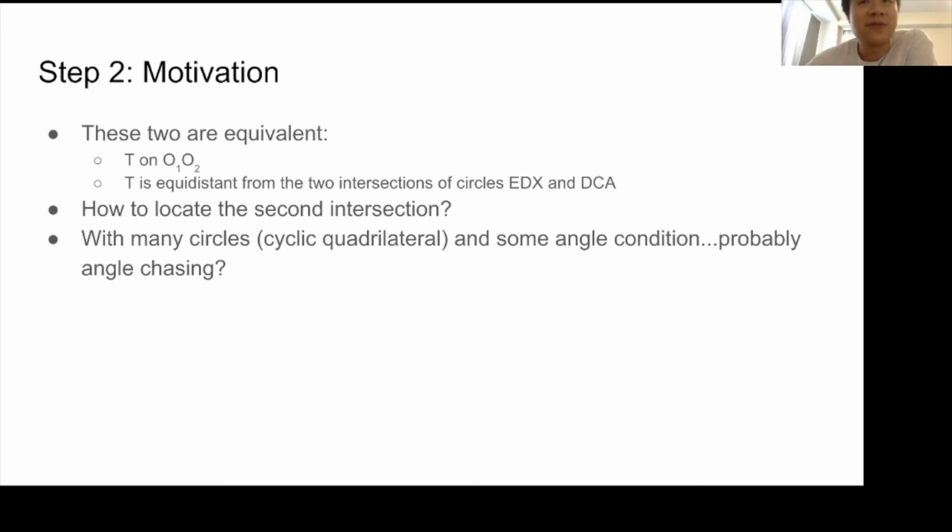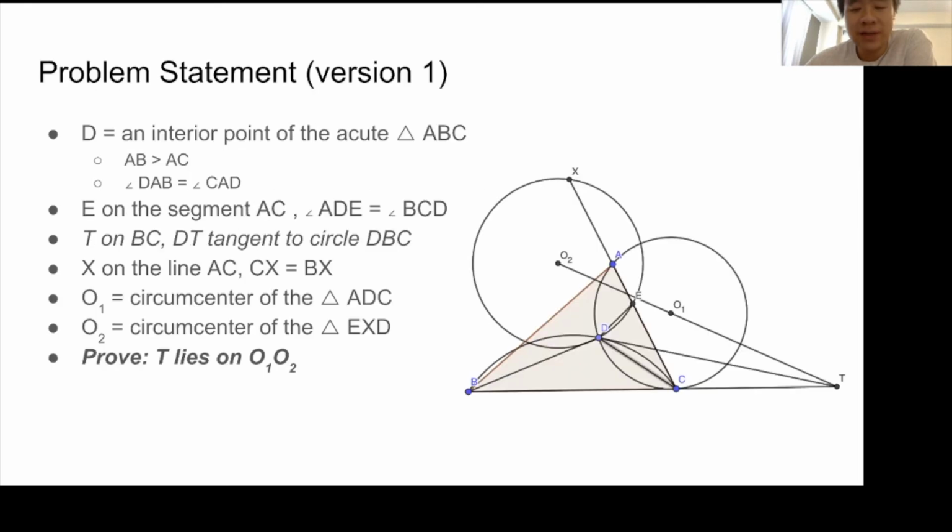So this means that we have to really learn about this new second intersection. But now the question is how. We know that from these two circles we can use a lot of the properties of cyclic quadrilaterals, meaning angle chasing.